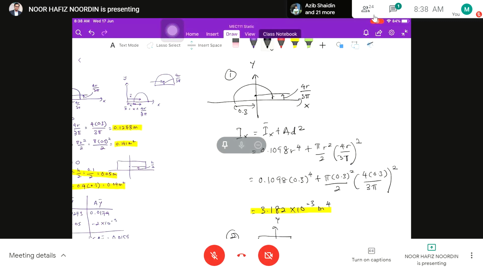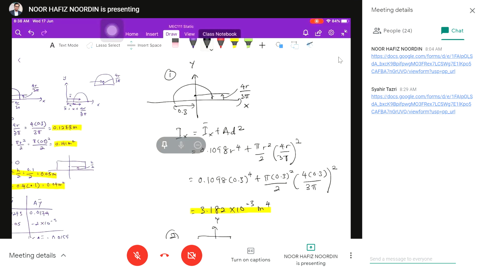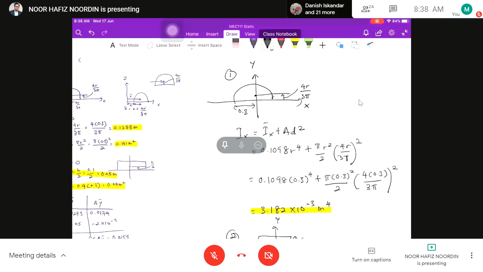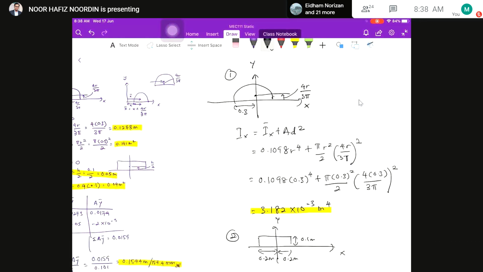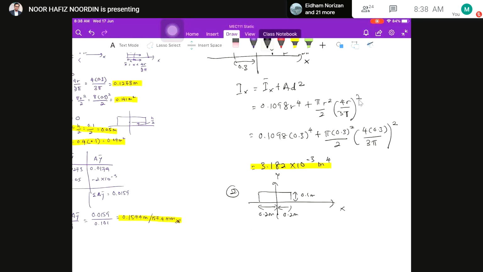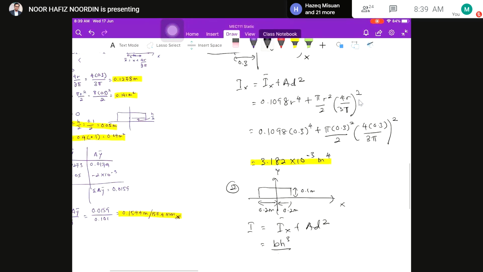So here we have 0.2 meter, 0.2 meter, and then this one is 0.1 meter. So the same thing goes for rectangular. We use formula Ix equal to I bar x plus A d squared. Right? And then for rectangular, I bar x, the formula is BH power of 3 divided by 12 plus BH, base times height, times H divided by 2 for this case, because we can see here that the distance from the centroid of rectangular to the x-axis is here.